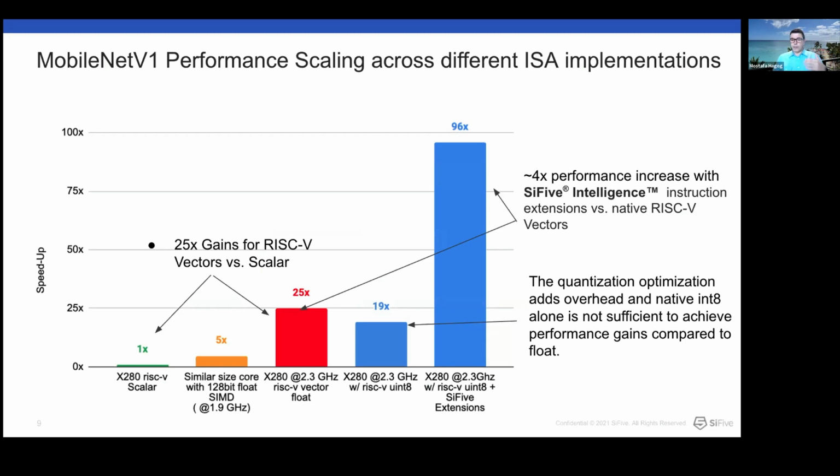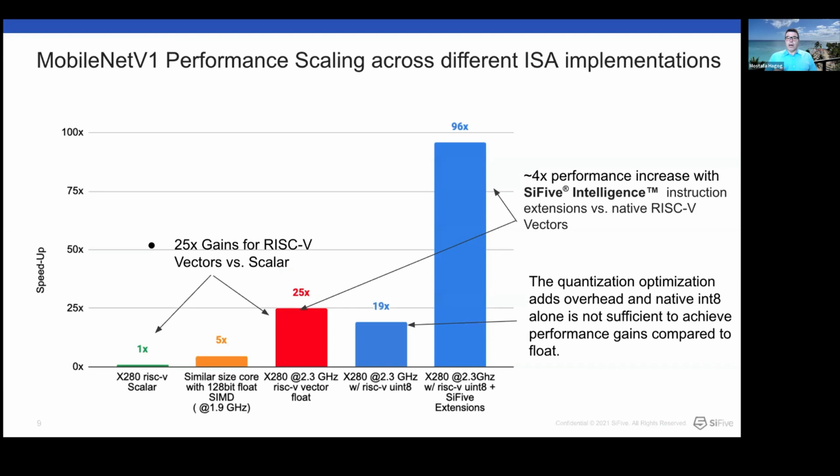Generally, when you work on these kinds of models and invest time to optimize, you just optimize for vectors. And you can see that the vectors give about 25x compared to when using float. This is a native implementation for RISC-V vectors with float on the X280 and running at 2.3 gigahertz.